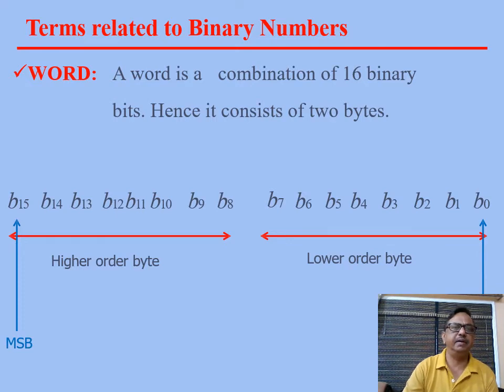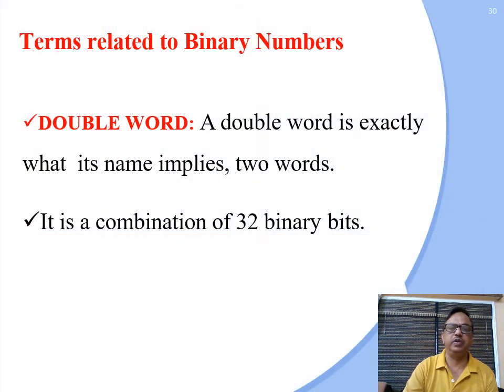Another thing is that a double word is also there. A double word is exactly what its name implies: two words, a combination of 32 binary bits, is known as a double word. This is also used in computer systems. We know our system is 64 bit or 32 bit or 16 bit.